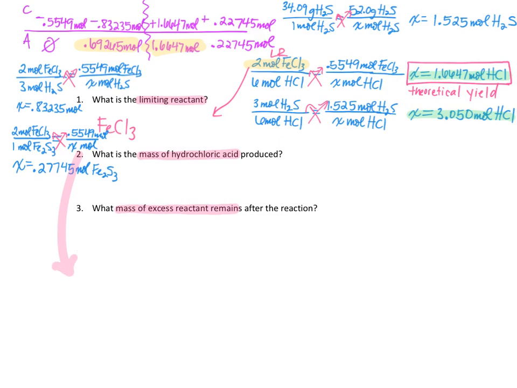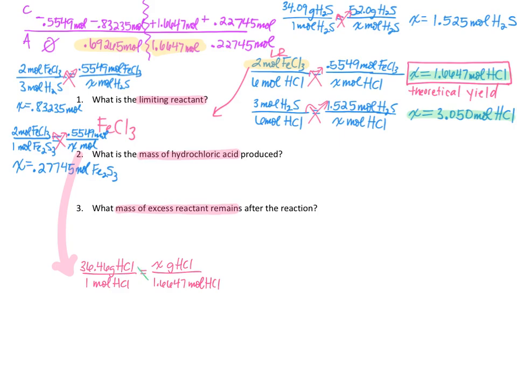So in number 2, I'm going to use the moles of HCl that were formed and turn that into grams. Okay, molar mass of HCl, again, I'm just going to give this to you, 36.46 grams per 1 mole. Again, that's coming straight from the periodic table. Add them up. Okay, we're looking for the number of grams in 1.6647 moles HCl.